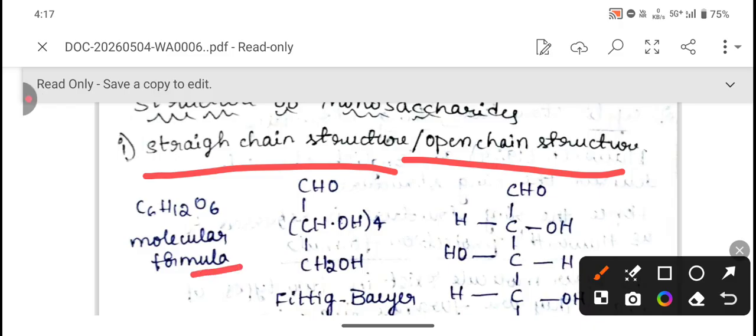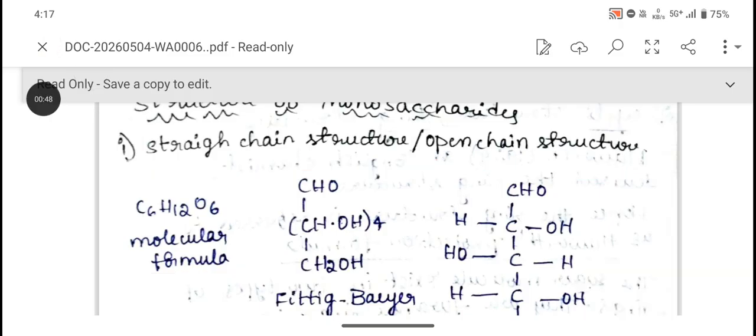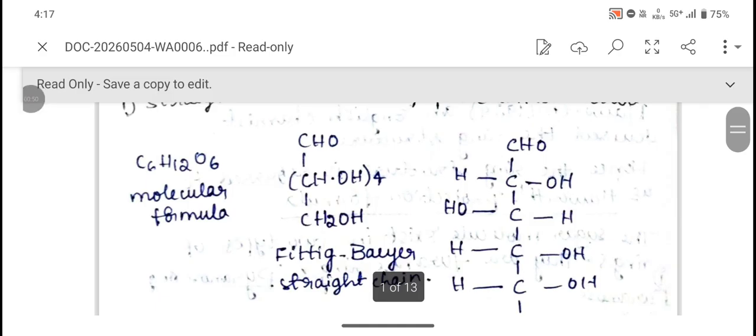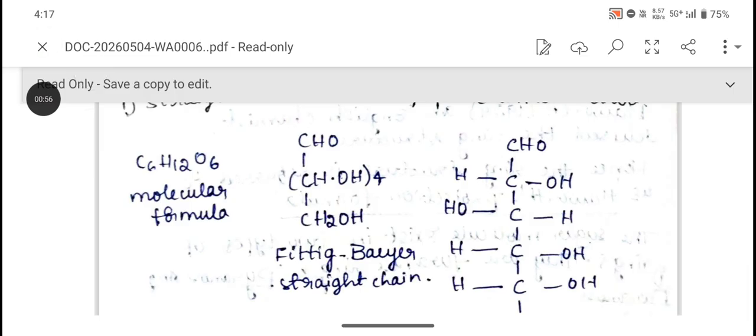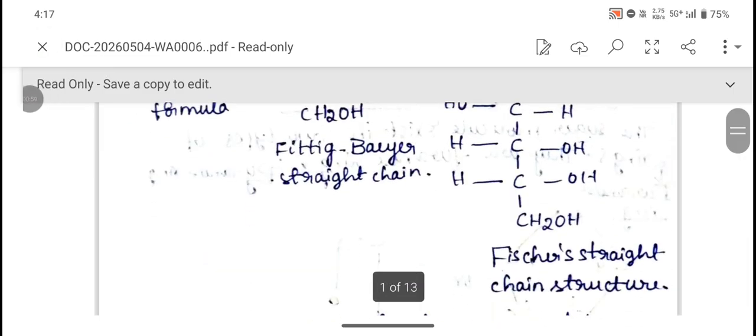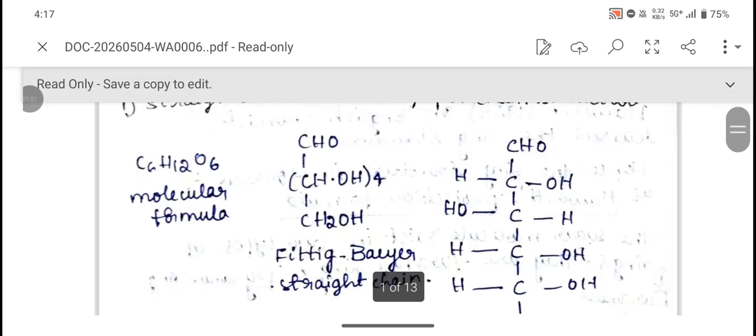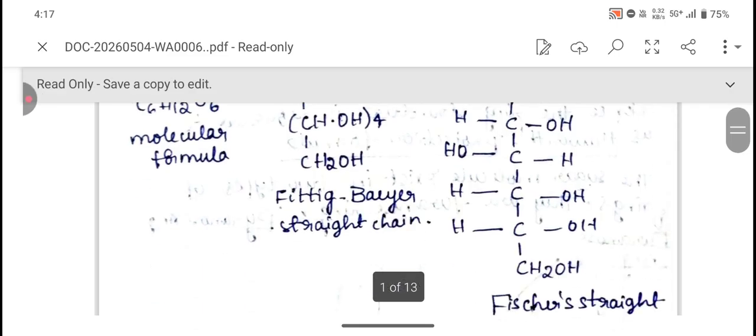If you see the molecular formula C6H12O6, which is glucose, this is the Fisher's straight chain structure. Among these three structures, Fisher's straight chain structure is the most important monosaccharide structure.